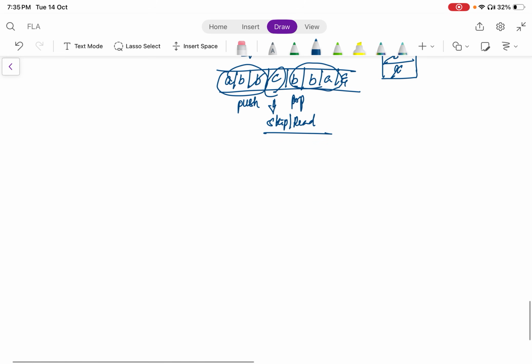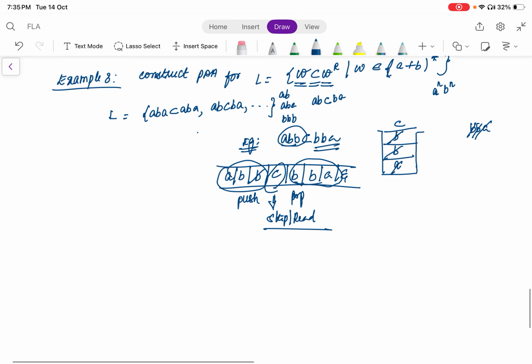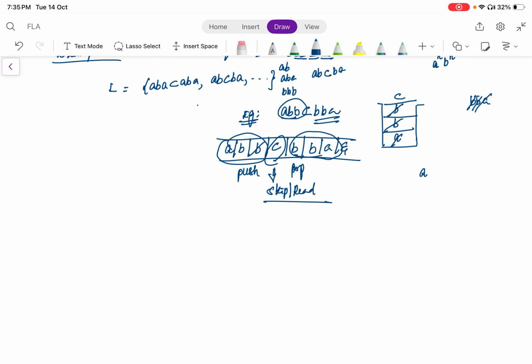Now you write the transitions. I'll just tell you how to draw a PDA for this. In the previous example, A power n, B power n, or A power n, B power 2n, you know for sure that the first element is going to be A, followed by B's.